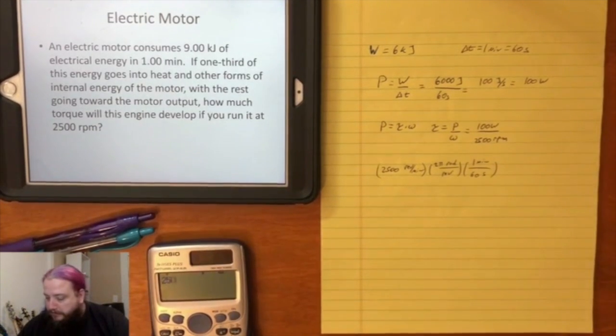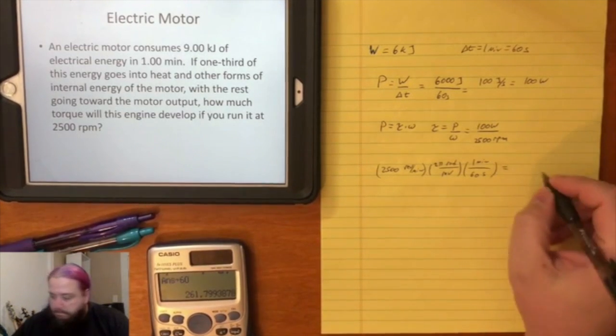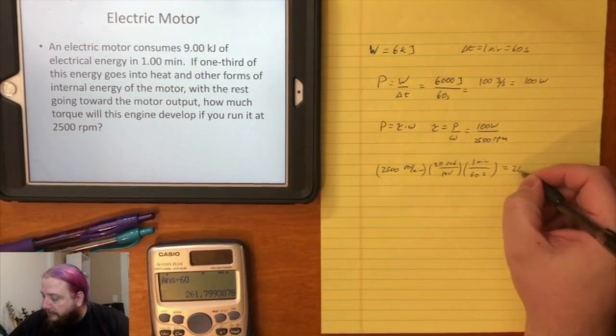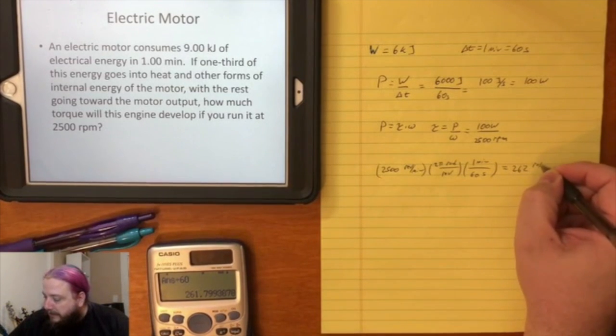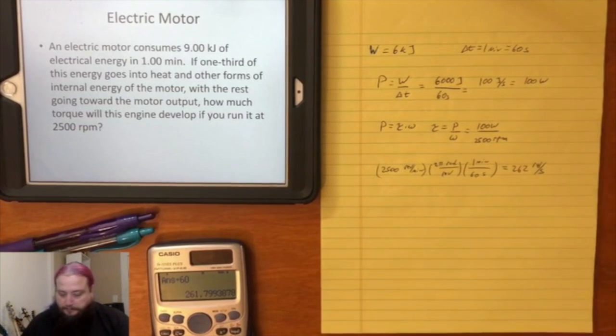So 2,500 times 2 times pi divided by 60 is about 262 radians per second.